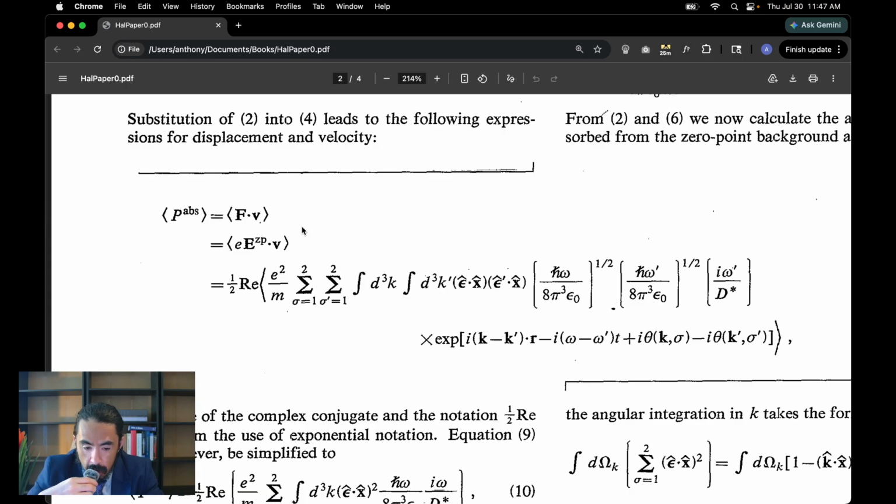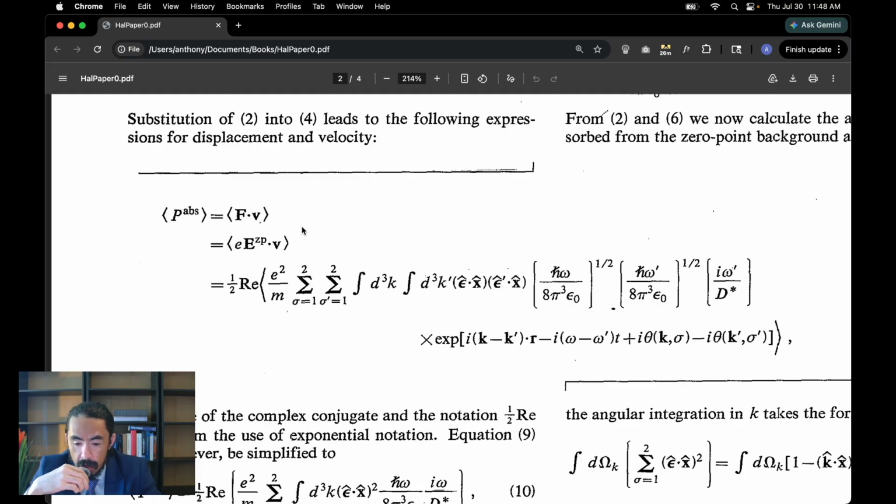So, spelled all out, the expectation value or the average power absorbed from the 0-point background is equal to 1/2 times the real component of the entire angle bracketed quantity, which is E squared over M, then times the sum on sigma from 1 to 2 of the sum on sigma prime from 1 to 2 of the integral of d cubed k of the integral of d cubed k prime of the dot product of the vector epsilon hat with the vector x hat, then times the dot product of the vector epsilon prime hat with the vector x hat, then times the square root of the fraction with a numerator of h bar omega over a denominator of 8 pi cubed times epsilon naught.